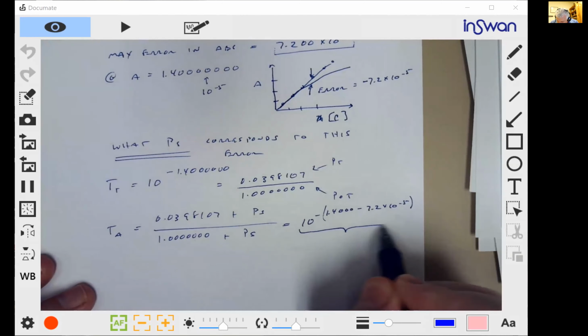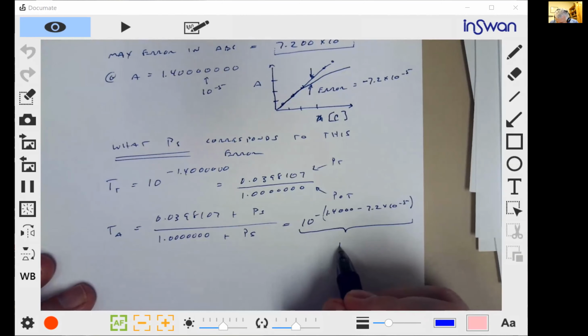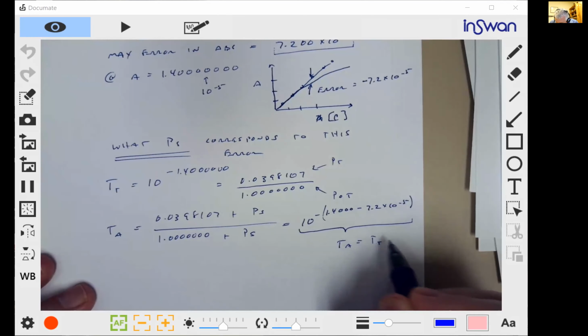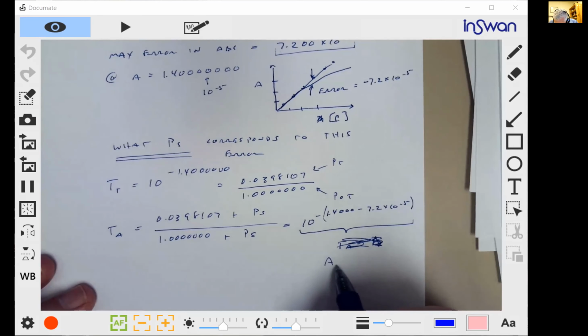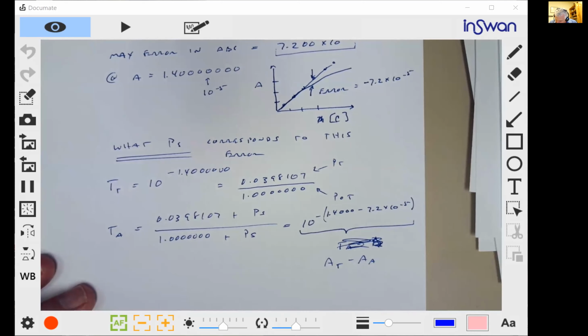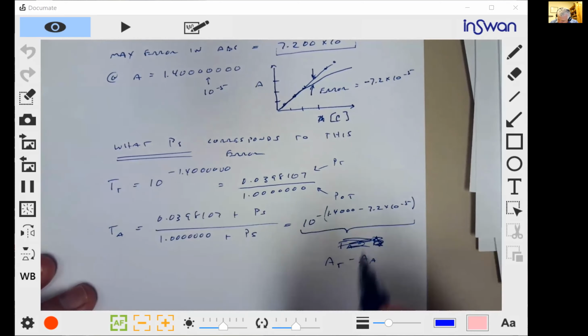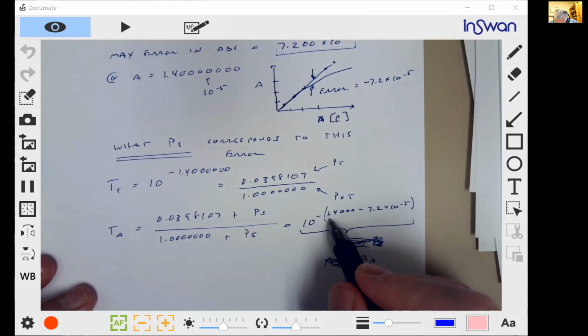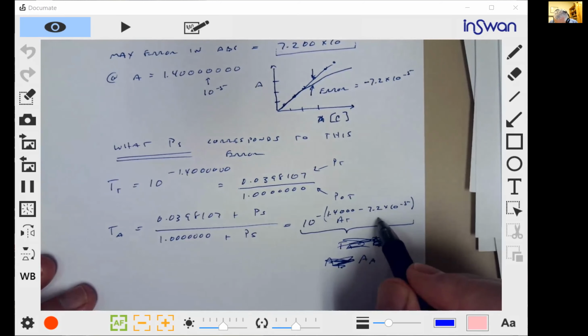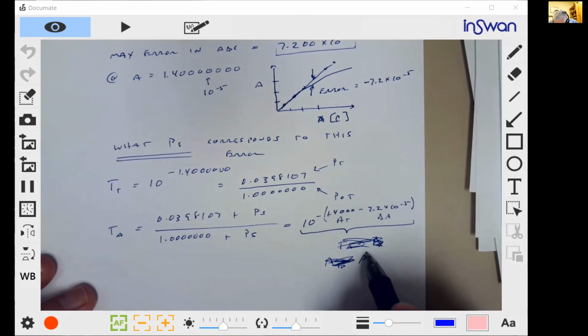This is T sub A, which is equal to T sub true. I'm sorry, it's equal to A sub true. The numerator is equal to A sub apparent. This guy up here is A true, and this is the delta A, right?